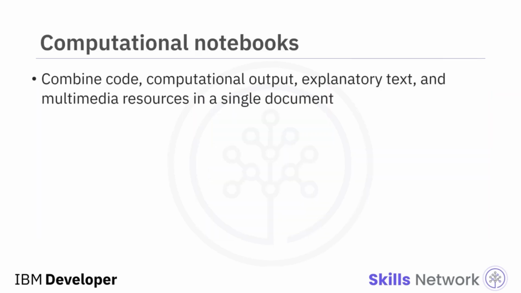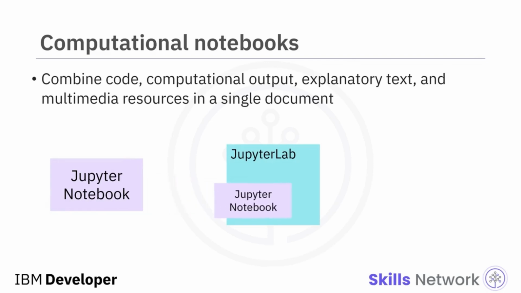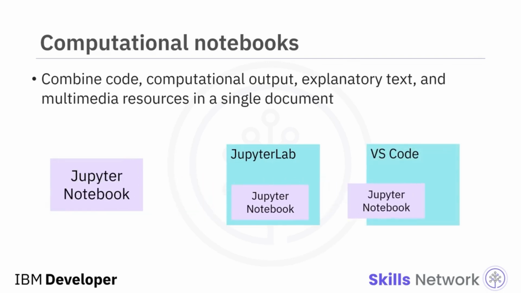Computational notebooks combine code, computational output, explanatory text, and multimedia resources into a single document. Jupyter Notebook is a popular type of computational notebook because it supports dozens of programming languages. Jupyter Lab and VS Code are popular environments for creating and modifying Jupyter notebooks on a local device.